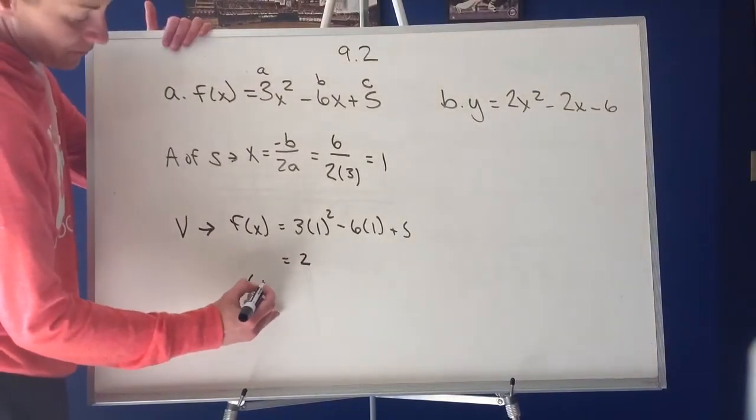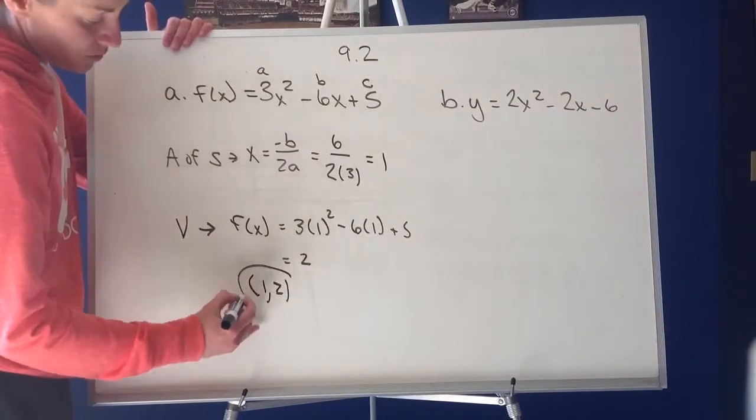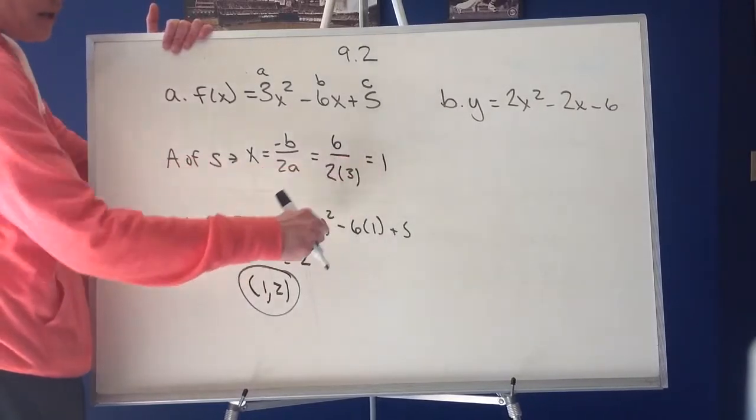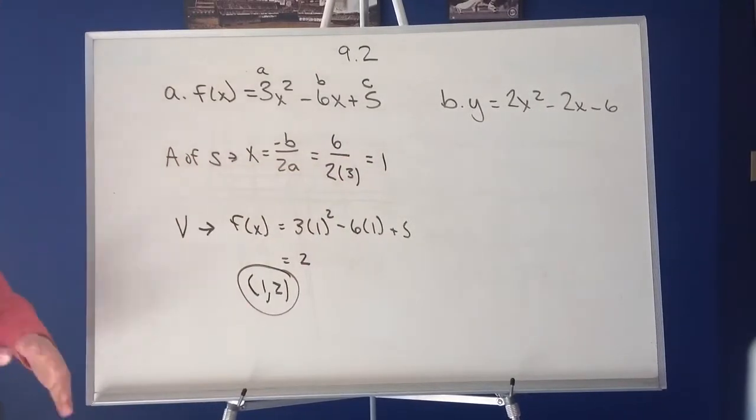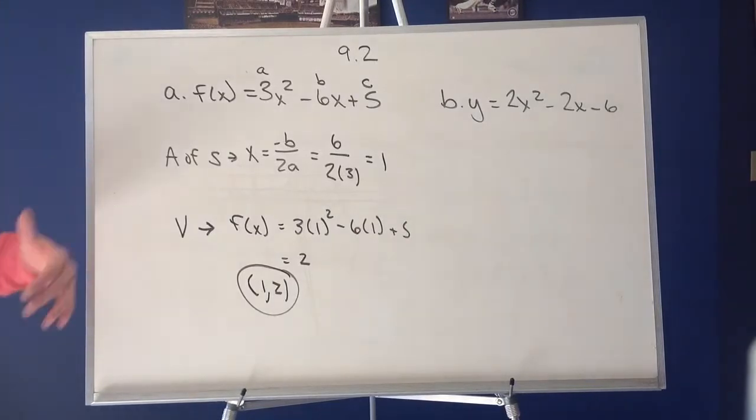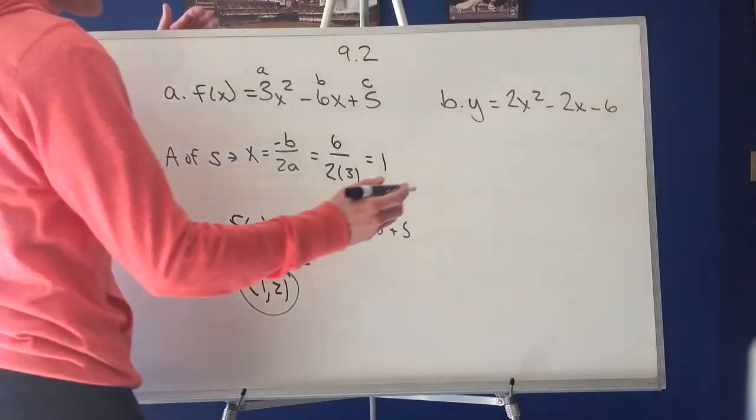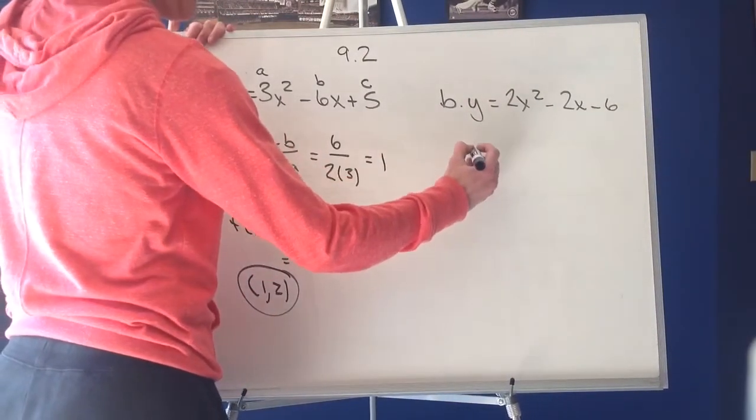So that means my vertex would be 1, 2. The number you got here and the number you get here combine together to give you your vertex. From there, you would put the function in the calculator and find the rest of the pieces, and we'll do that in our second example.